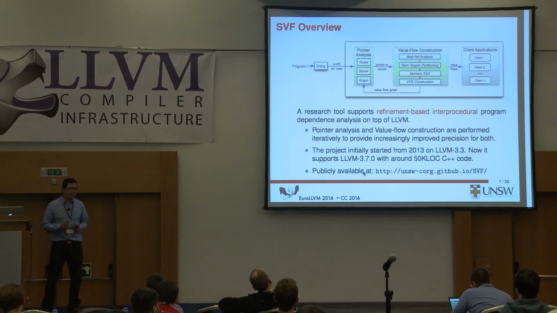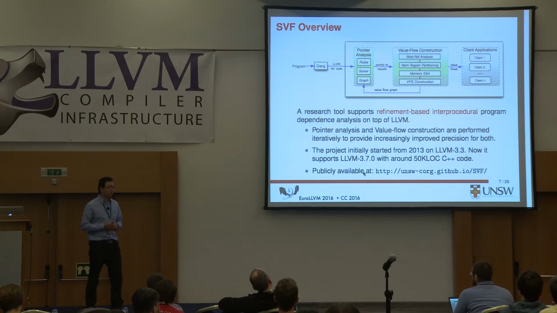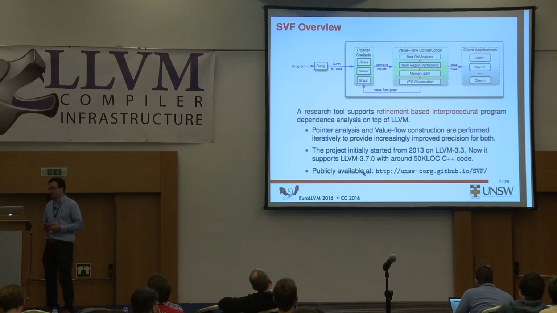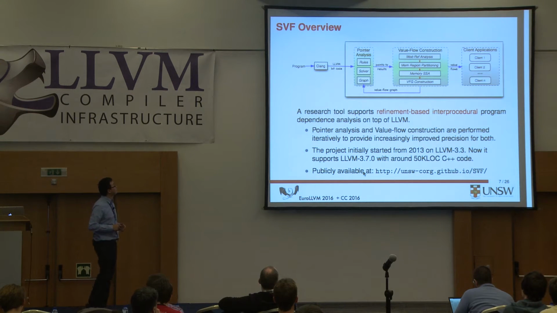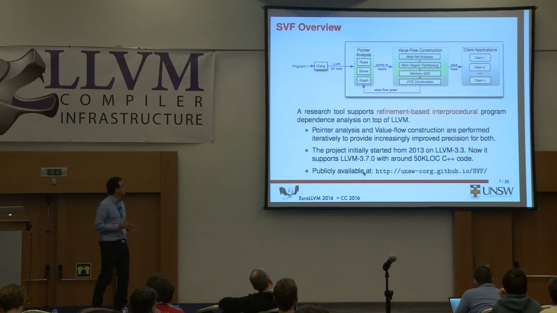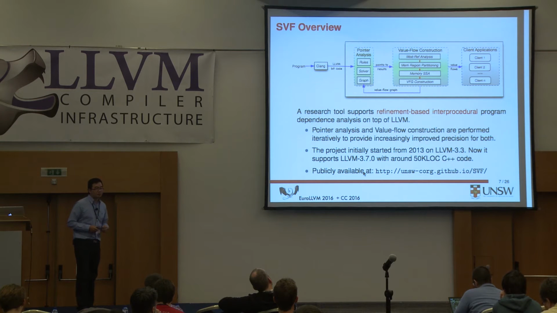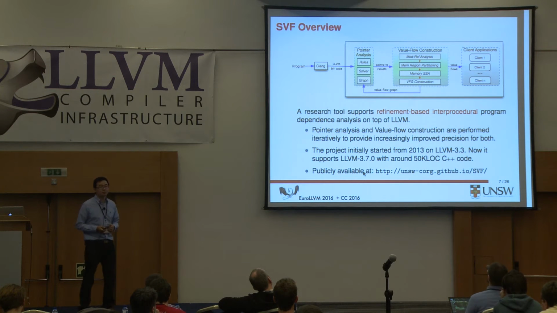So with the above motivation, we have developed a tool called SVF, that supports refinement-based interprocedural program dependence analysis on top of LLVM. So basically, there are two major components, pointer analysis and value flow construction. They are performed iteratively to provide increasingly improved precision for both.